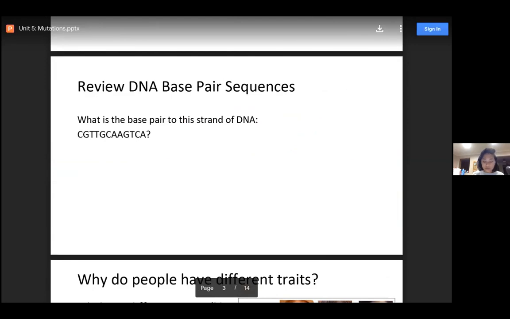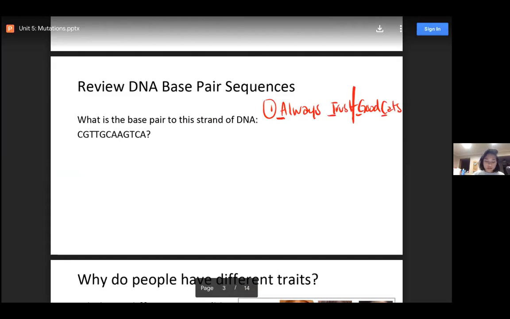Step 1, always write: always trust good cats. Then when I write that down, I'm going to draw a line between trust and good so that I know that A matches with T and G matches with C. Now go ahead and match the base pairs.